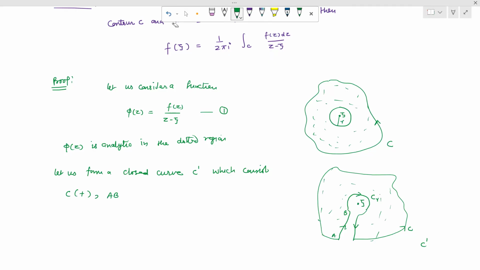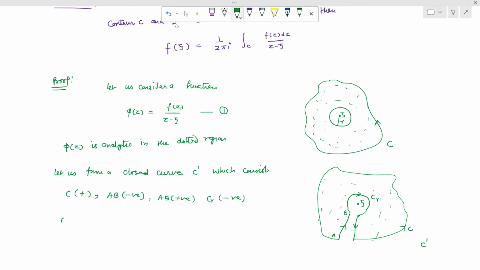AB डायरेक्शन अगर क्लॉकवाइज है तो नेगेटिव होगी और एंटी क्लॉकवाइज है तो पॉजिटिव होगी। एक जगह नेगेटिव होगी, दूसरी जगह पॉजिटिव होगी। और जो C_r साइड है, उसकी डायरेक्शन भी क्लॉकवाइज, तो यह भी नेगेटिव होगी। So here is AB, now that is C_r, then BA. So this side will be positive.